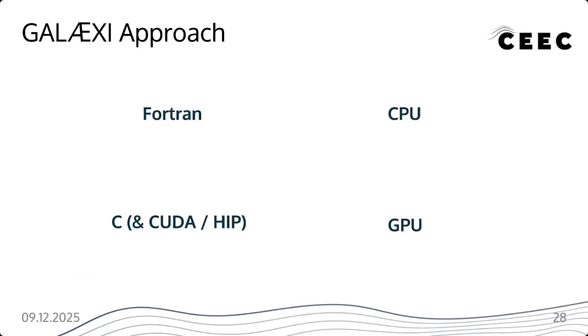So how did we conquer this most difficult part, this Fortran to C interface, this CPU to GPU interface? What we did is we drew the line right here. We said everything that is in Fortran is CPU code, and everything that is in C is GPU code, full stop. In GALÆXI, if you're looking at Fortran, that is CPU code.